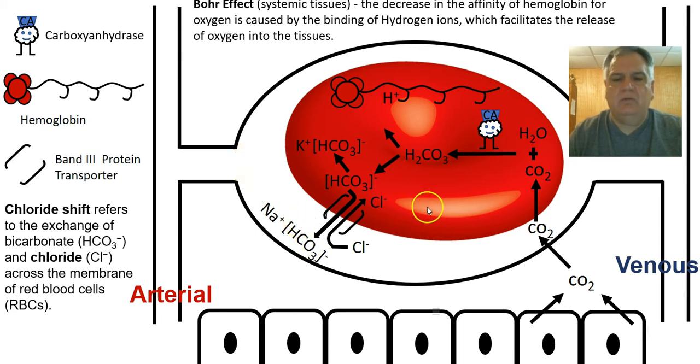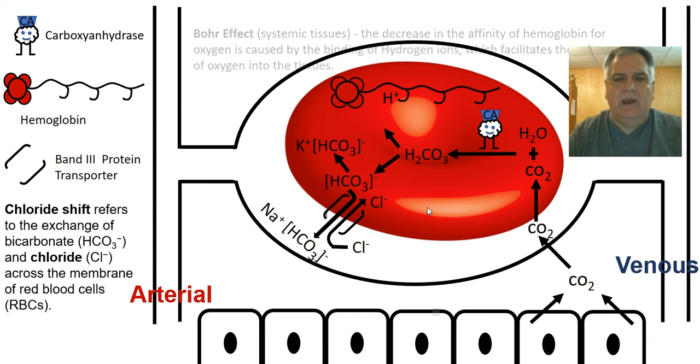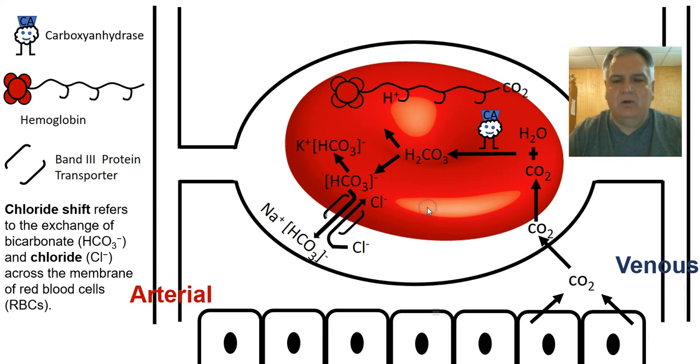Our fourth method of transport, then: any carbon dioxide that still remains that was not converted into carbonic acid will also combine here at the tail end of this hemoglobin molecule.